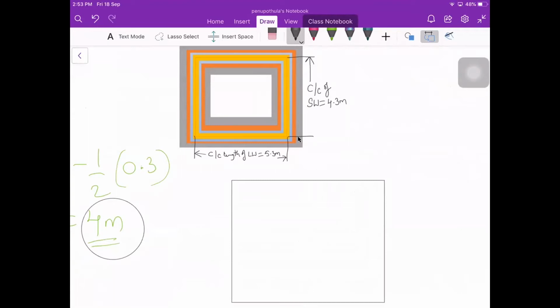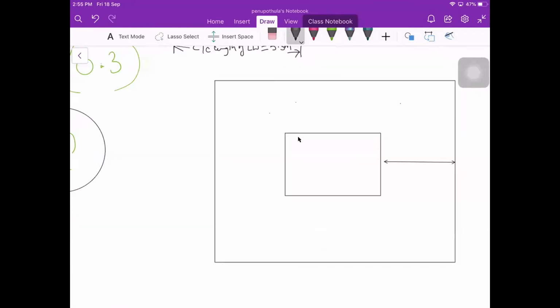Foundation concrete and earthwork excavation are almost one and the same. This is the plan at foundation level.